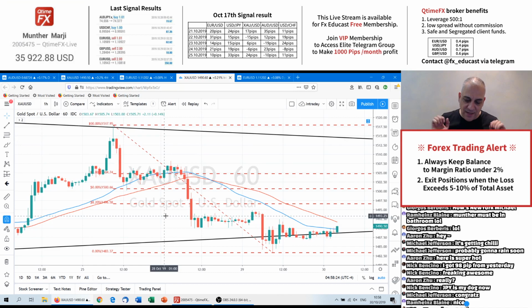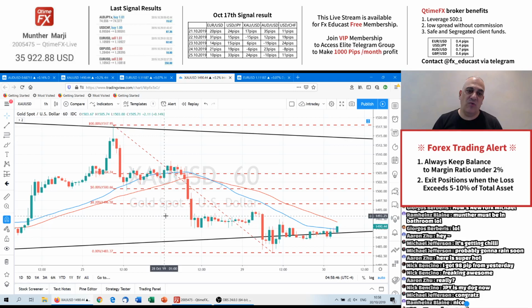Are we getting this level, or are we failing to do so? If we are failing to do so, that may be time to short. But if you break it, then you do the same thing on the next level, 1500.7. Are we breaking through this level or not? And then you decide what to do. And again, at 1504.70. These are the three levels that I want you to watch to the upside.